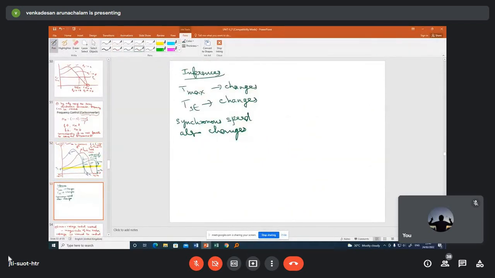So here the speed control range is increased, and it is widened.